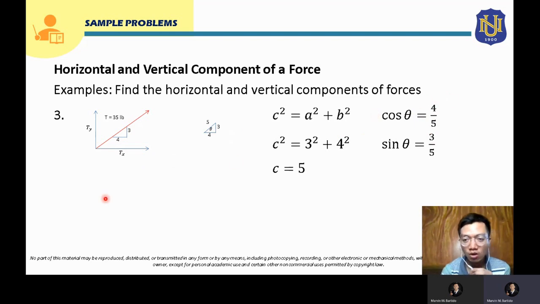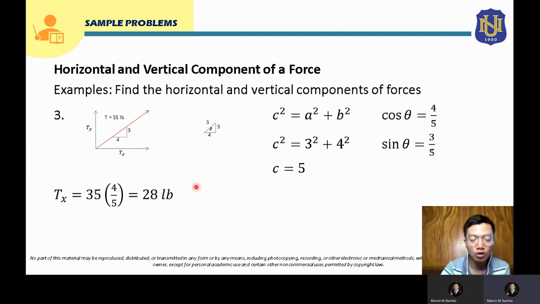Instead of solving for the angle of the triangle, we can directly use 4 over 5 as the equivalent of cosine theta. Since Tx equals T cosine theta, we substitute T as 35 and cosine theta as 4 over 5. Solving 35 times 4 over 5 in your calculator gives 28. So your horizontal component will be 28 pounds.